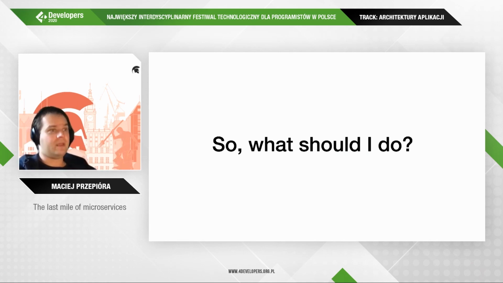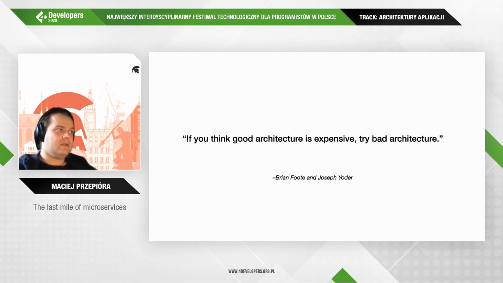You can have an API gateway, you can have an API gateway with GraphQL, or you can use server-side UIs embedded in your gateway. And one thing to consider is that if you think that good architecture is expensive, then you should try bad architecture.